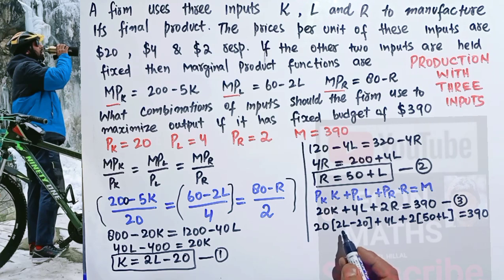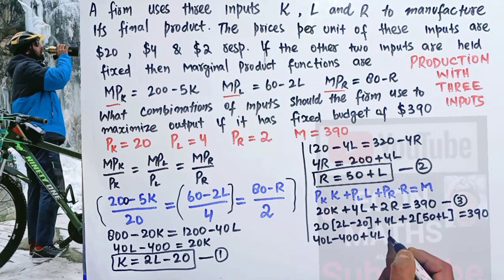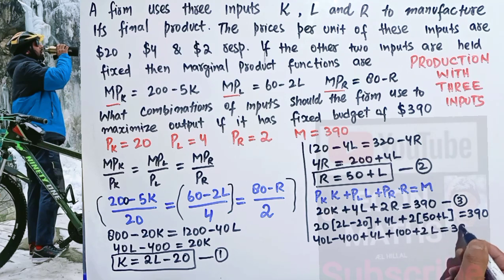So this becomes 20 into 2 is 40L, 40L minus 400 plus 4L plus 2 times 50 is 100 plus 2L should be equal to 390.